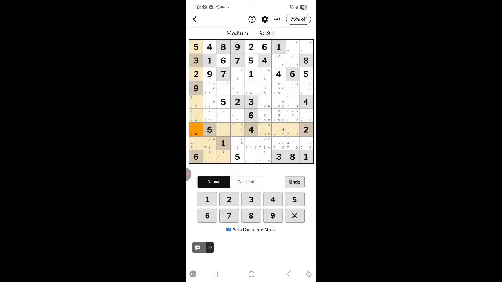Speaking of this column, looking at the 7, 8, 9 mixture, there is no way to put an 8 in here, so it must be 7, 9 in this row, or it must be 6, I guess. And that doesn't help because I can't resolve.